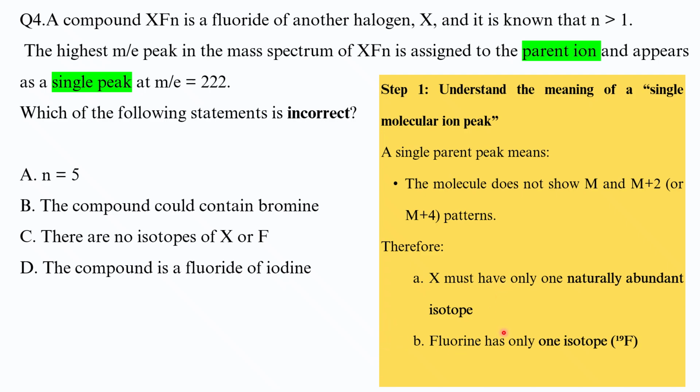They have just one single abundant isotope present, which is there in the molecular ion. This means this statement is absolutely correct, that these two atoms do not have any isotope in the compound. But we have to determine the incorrect option out of all these four. So this means option C is correct.